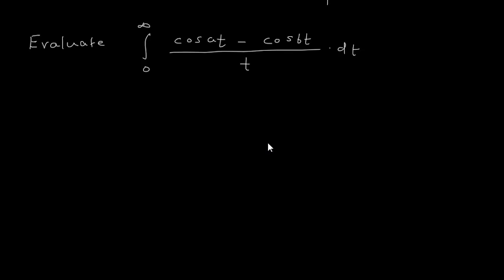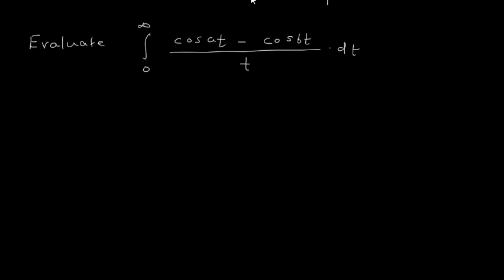I have to find its value. Now here e power at or e power minus t, nothing is given. So we can assume that it is e power 0 t. When it is e power 0, its value is 1, and then I can use the above procedure.